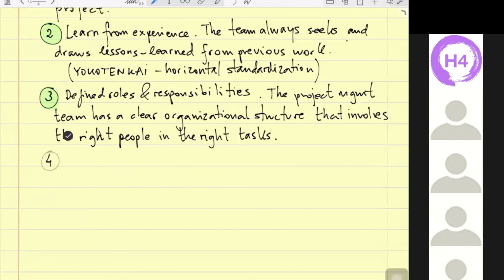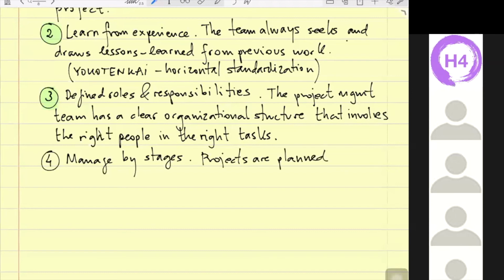Number 4, manage by stages. Projects are planned, monitored and controlled on a stage by stage basis.